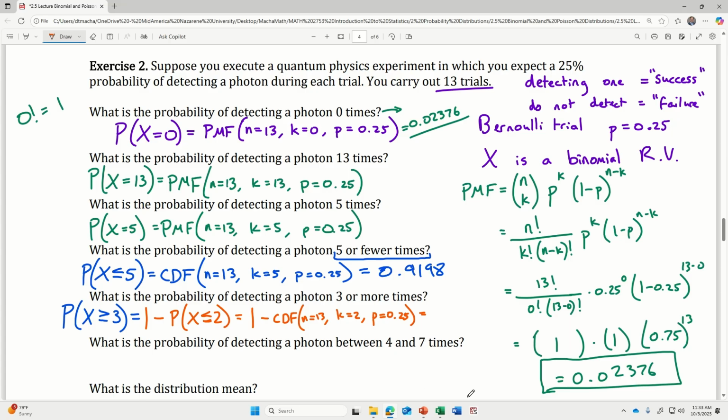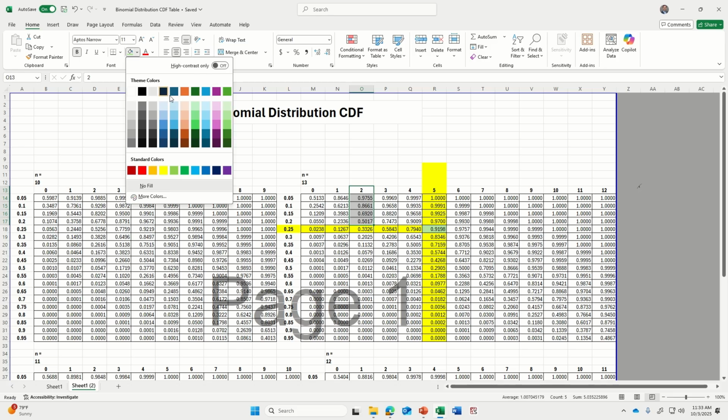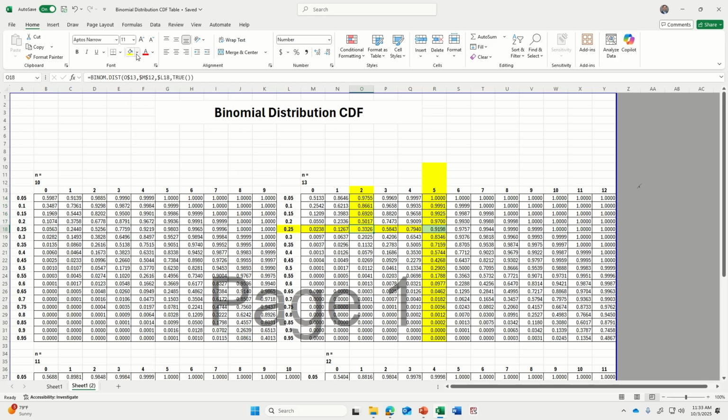And the CDF is nice and easy. I just have to look that up on the table. That's going to be k is 2, p is again 0.25, and so this is the number that I'm looking up now. Because n is 13, k is 2, p is 0.25, and so now the probability is 0.3326 from my CDF table.